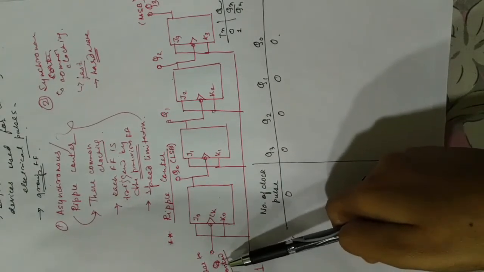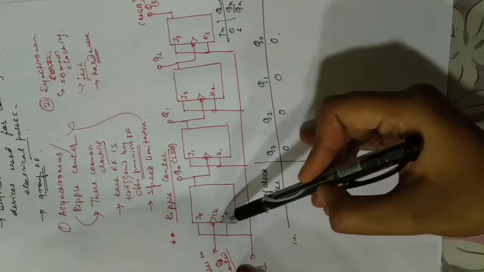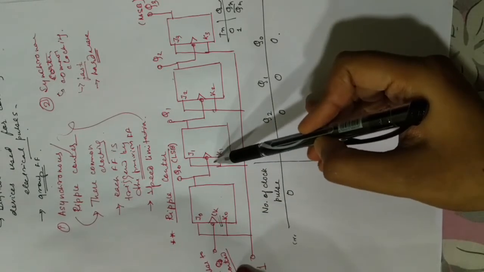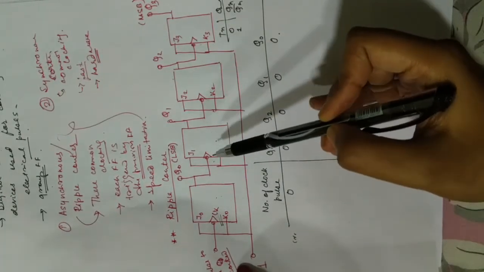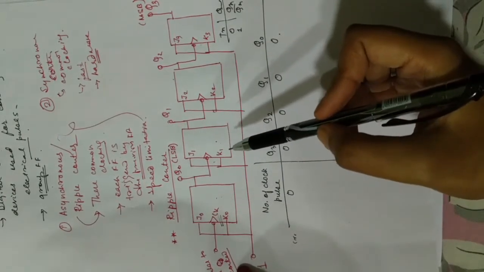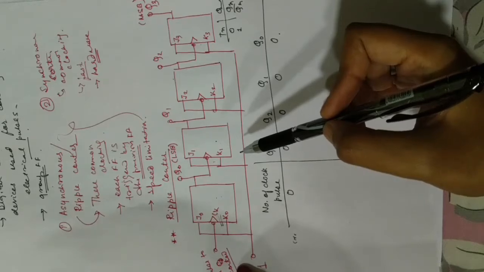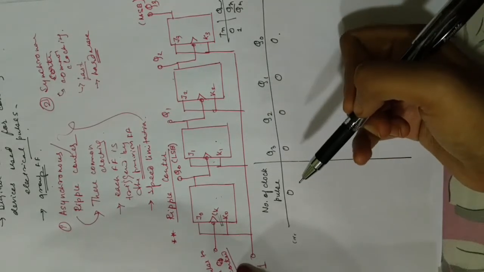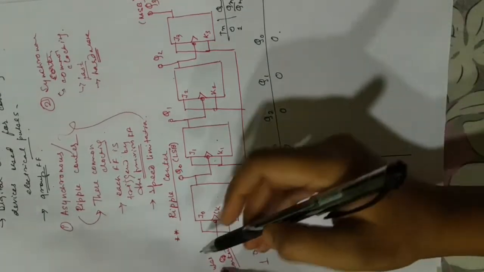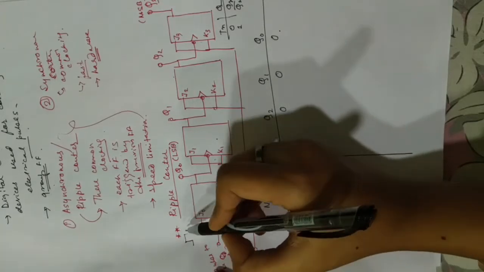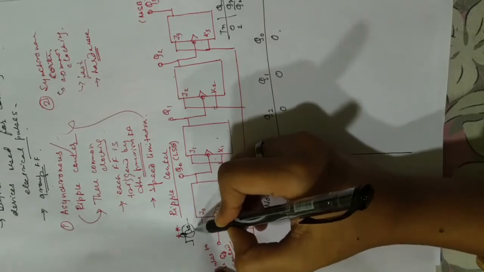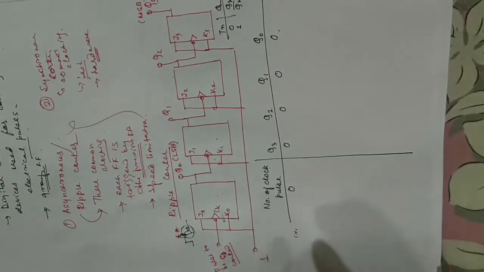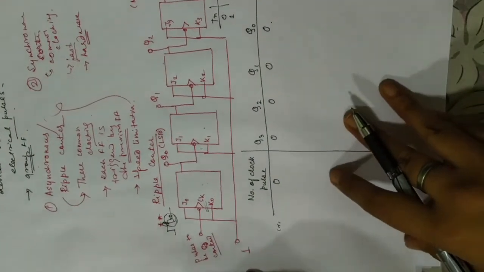Another thing you need to note is we have negative edge triggered flip-flops. That means our flip-flops will only get activated when our clock pulse falls from 1 to 0. That is when our flip-flops will change their output state, right?